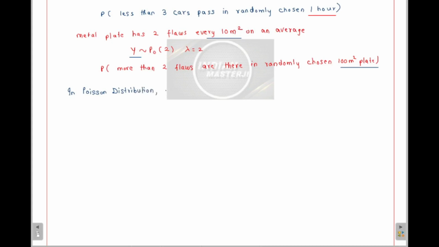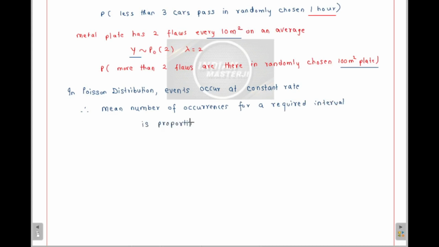So when the events occur at constant rate, we can say that the mean number of occurrences for a given interval or for a required interval is proportional to that interval.